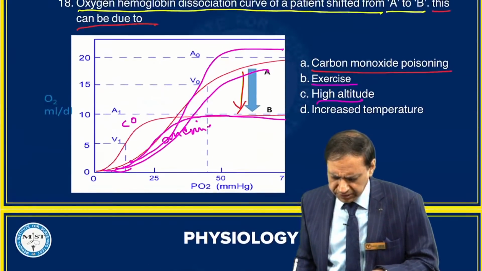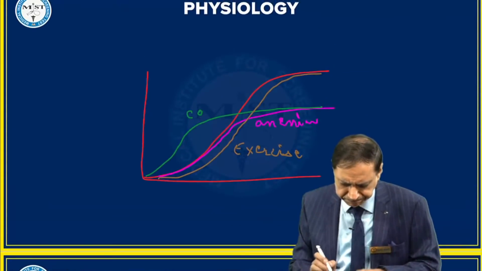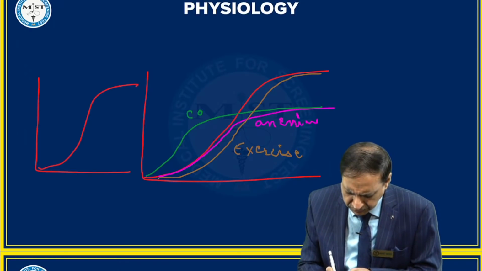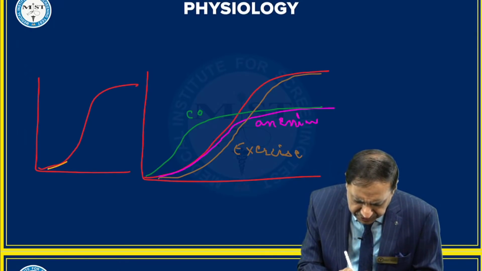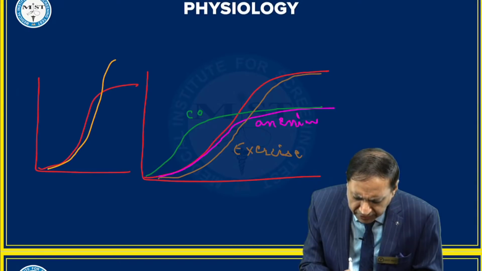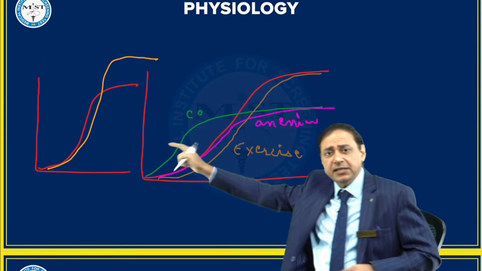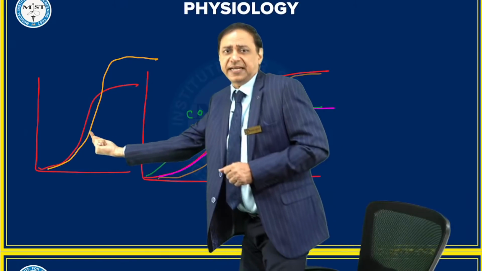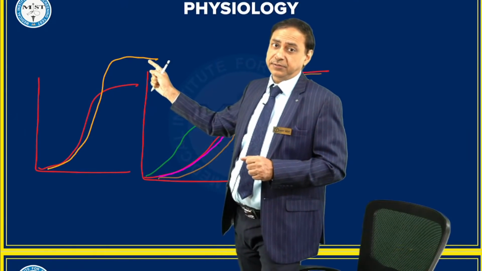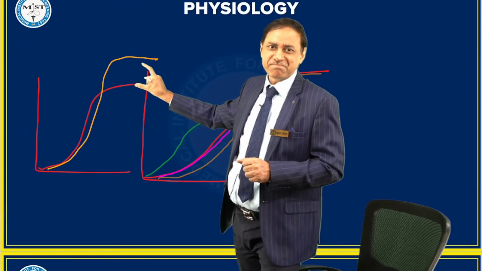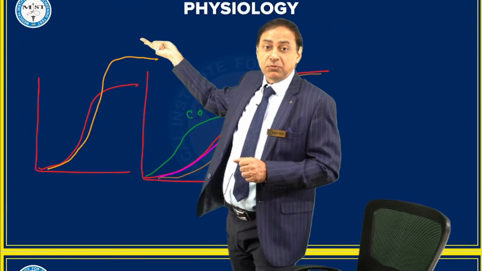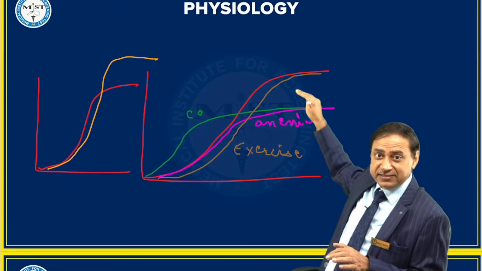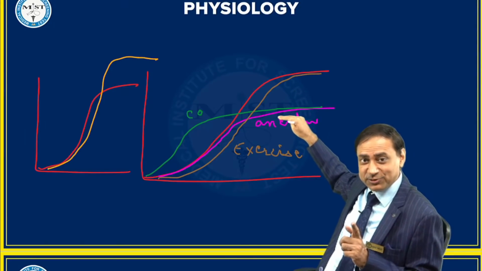And the fourth one is high altitude. This is the normal curve, but at high altitude, slight right and more height. More height is because of polycythemia. If hemoglobin is more, height is more. If hemoglobin is less, height is less, as in anemia, and in carbon monoxide also.